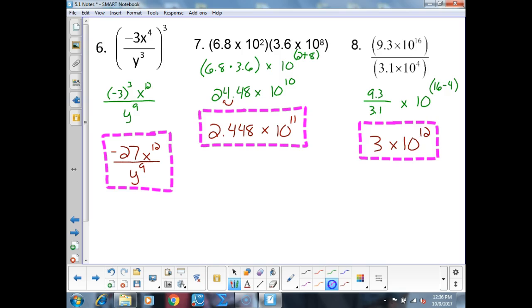Questions on that? The book likes to drop scientific notation in here because it's dealing with exponents and all that fun stuff. Okay?